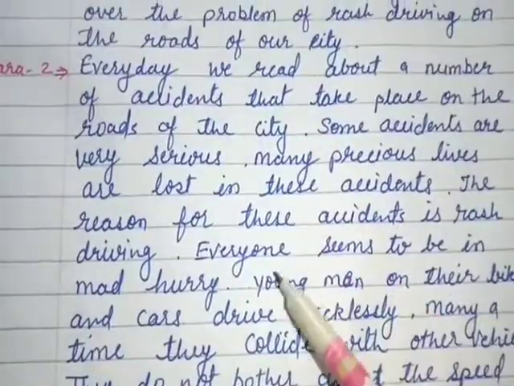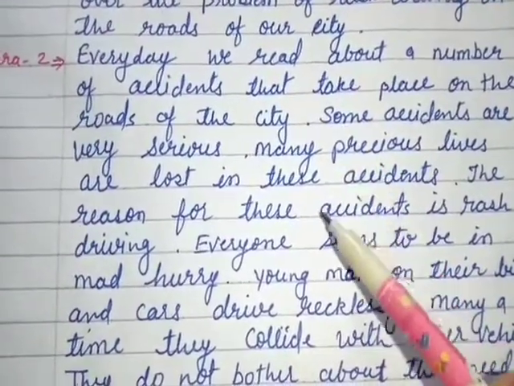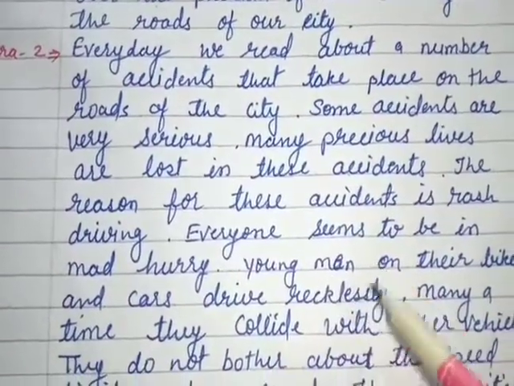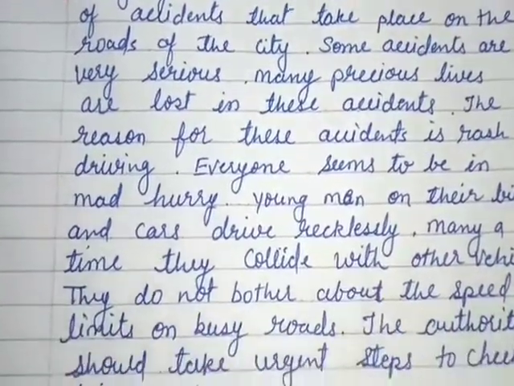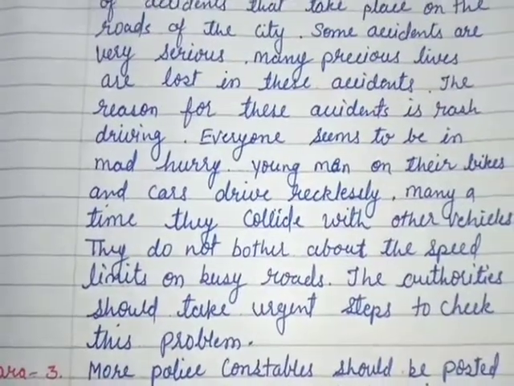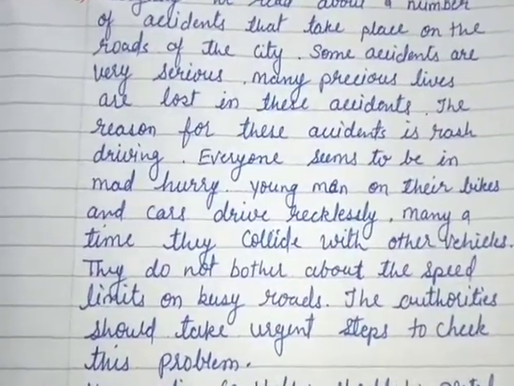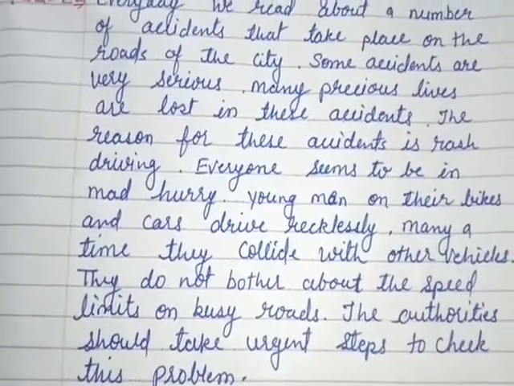In the second paragraph, you mentioned in detail what problems you are facing and what you are expecting from the authorities. So now in the third paragraph, you will write what you want from the authorities and what solutions you can give for your problems.